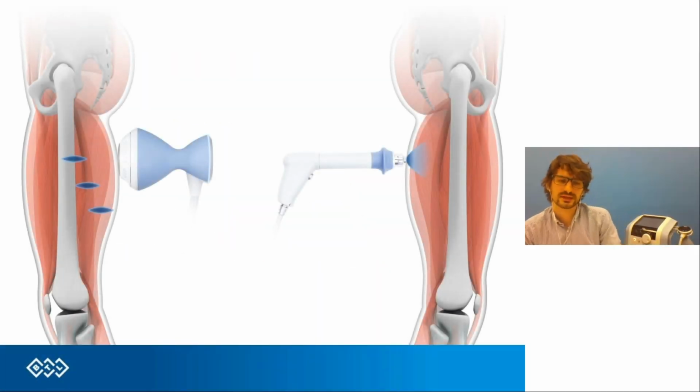If we put these 2 technologies next to each other and look at the pressure or the shock wave that is created in them, the biggest difference is that radial shock waves, in general, are able to treat more superficial areas because they do not possess the ability to focus their strength, their pressure. So it is only possible to affect the superficial areas. It also depends on the patient's body, how deep the injury is, or how deep a tendon is that I want to treat.